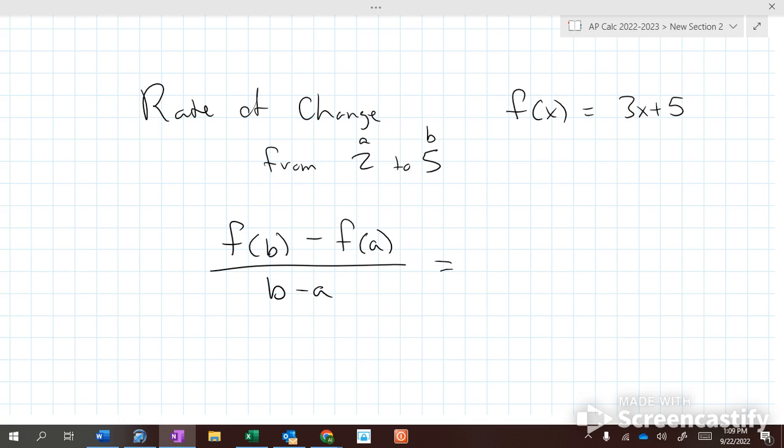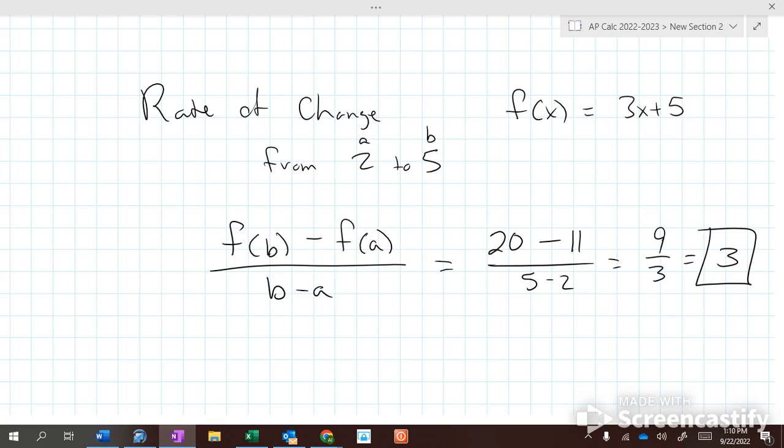So you stick your b into f of x. 3 times 5 plus 5 is 20. 3 times 2 plus 5 is 11. So 20 minus 11 over 5 minus 2 gives you 9 over 3, which is 3.